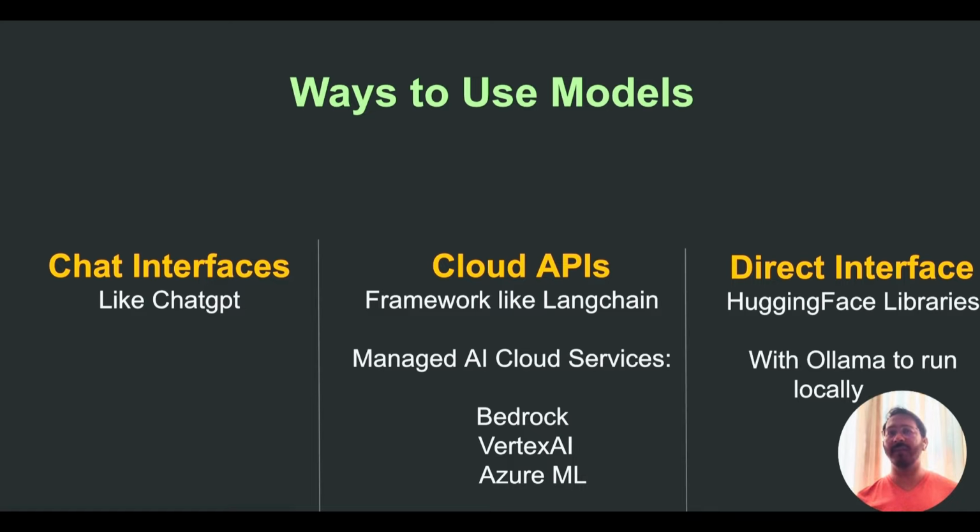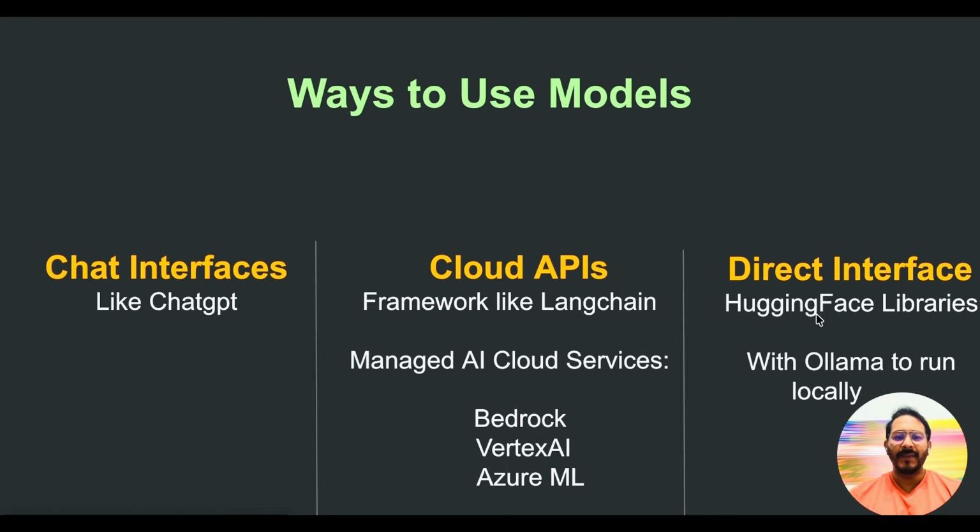We should not use a very huge or bigger model for doing a very small work. That's where cost optimization comes into the picture. We'll definitely see that going forward, but these are the different ways of using models. Okay, so that's all for the understanding. Now we'll see how to use Ollama.